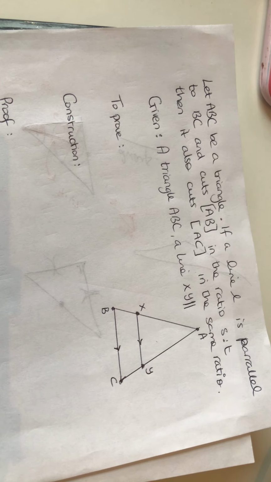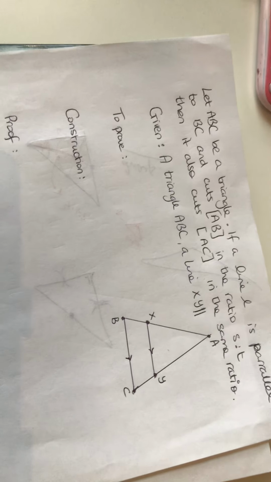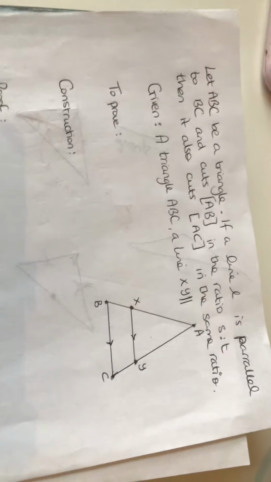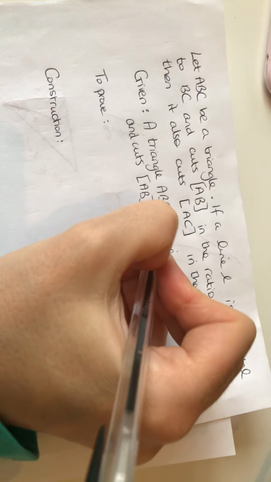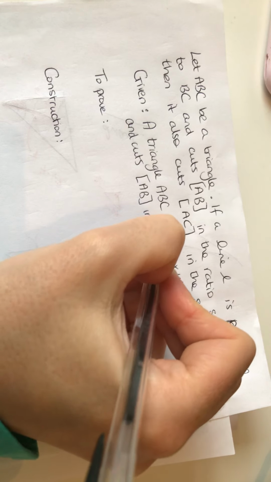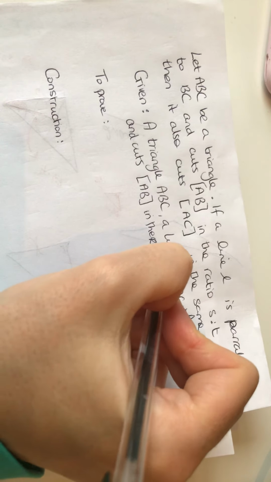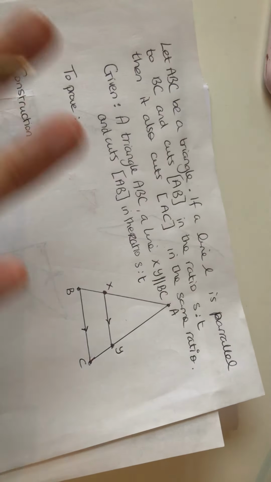Parallel to BC. So parallel to BC, and it cuts AB, that line segment, in the ratio of S:T. So that's exactly what I've been given.